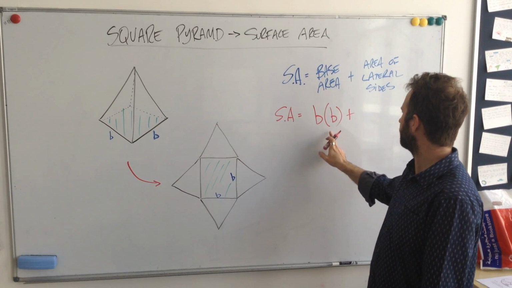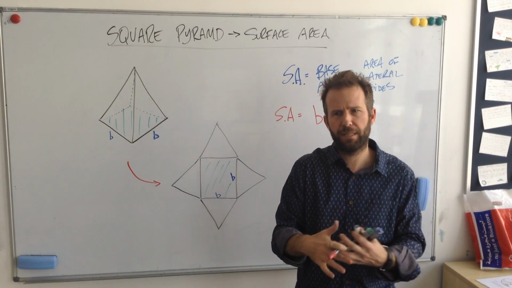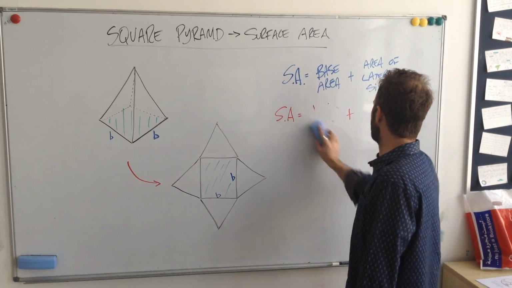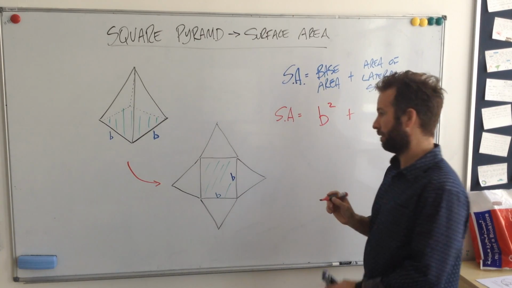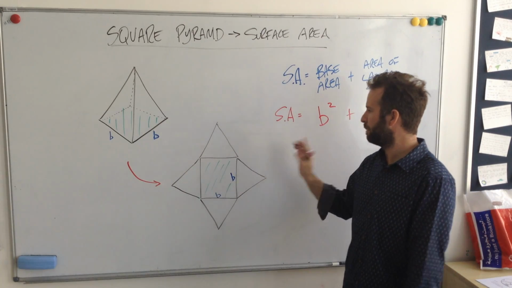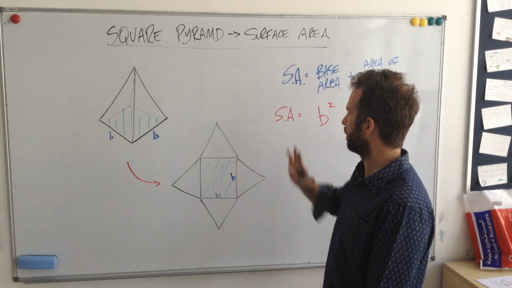But what I want to show you here is we have b multiplied by b, which is b multiplied by itself. So in other words, we can simply say b squared. Okay, so b squared for that area of the base of our square pyramid.